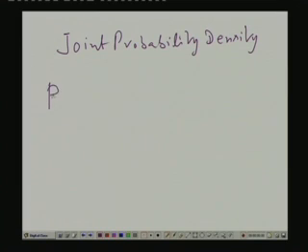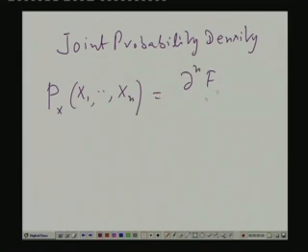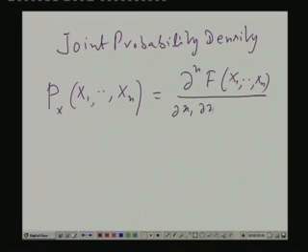So, we define it like this: p x of X1 up to Xn is nothing but the nth order partial derivative, n times, of F of X1 dot dot dot Xn with respect to del x1 del x2 dot dot dot del xn. This is the joint probability density.